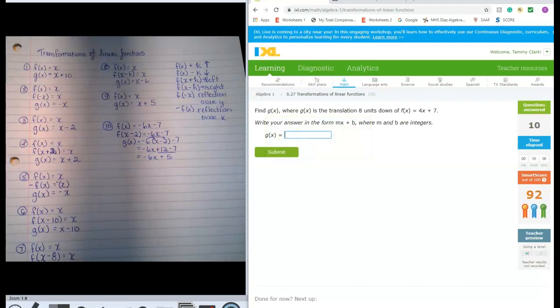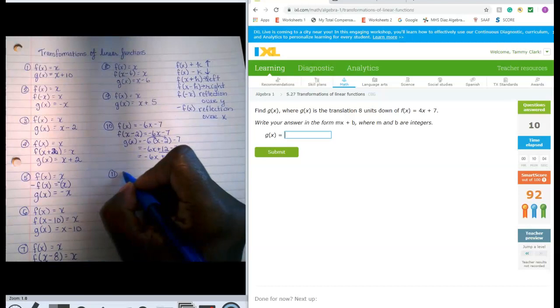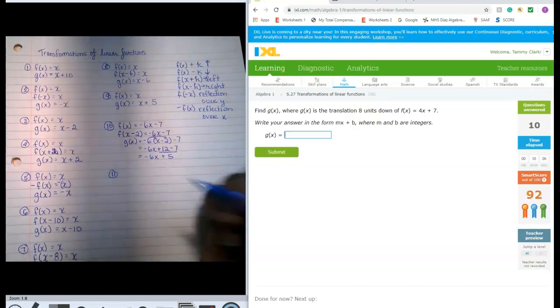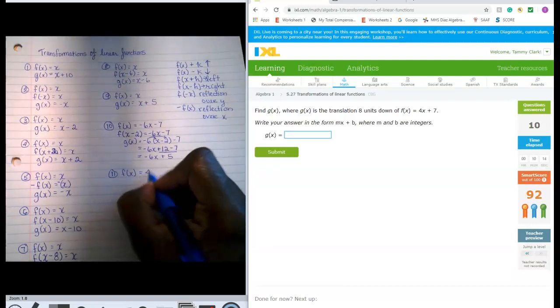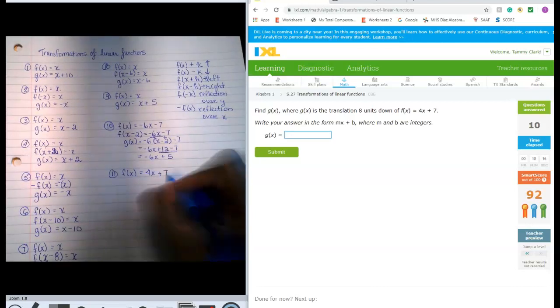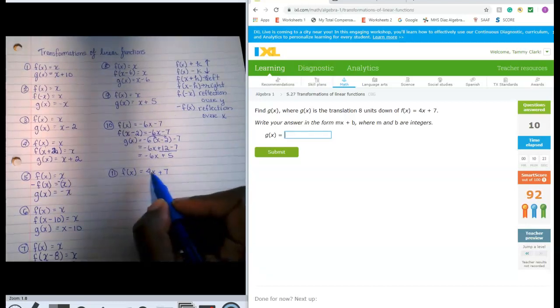Now what happens when we have to move it down? Okay, so we've got find g of x, where g of x is a translation 8 units down of f of x equals 4x plus 7. So 4x plus 7, and we're going to move the function 8 units down. Now we're not moving it left or right, so we really don't need to do anything right here.